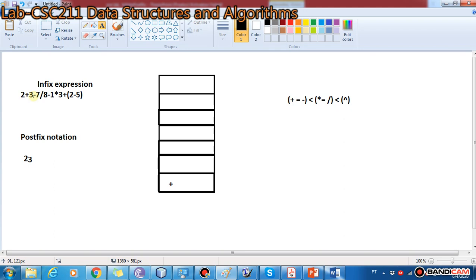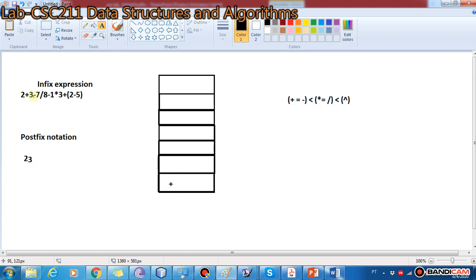There is left association, which specifies that operators with the same precedence are evaluated left to right, and there is right association, which states that they are evaluated right to left.